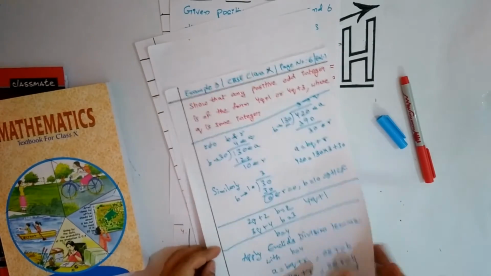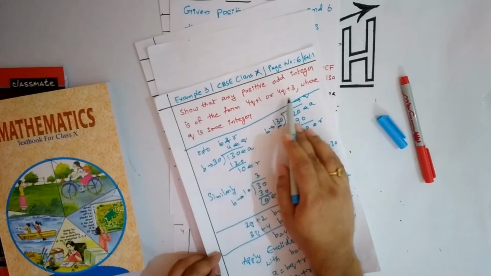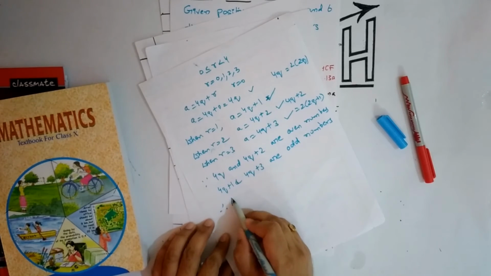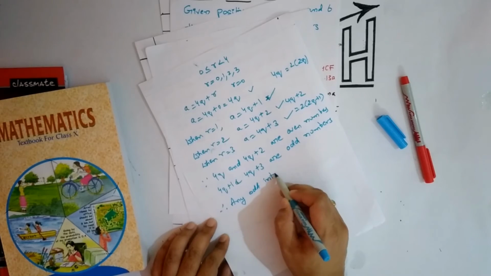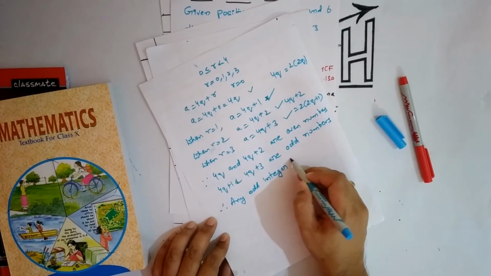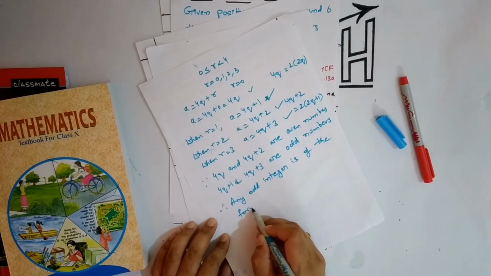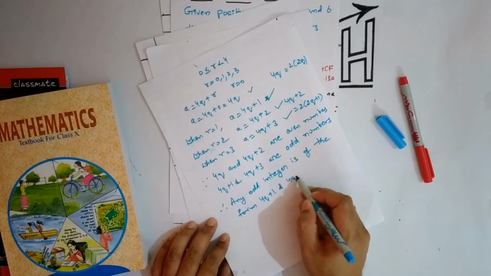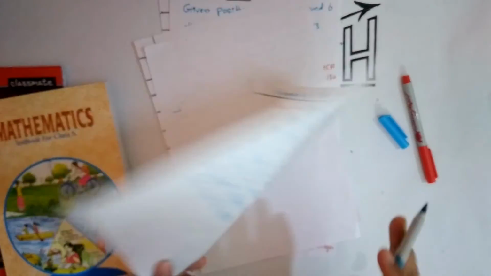So what is the question? Show that any positive odd integer is of the form 4q plus 1 or 4q plus 3. Therefore, any odd integer is of the form 4q plus 1 and 4q plus 3, where q is some integer.